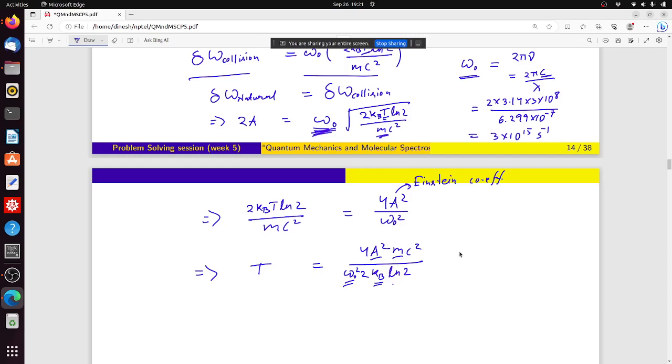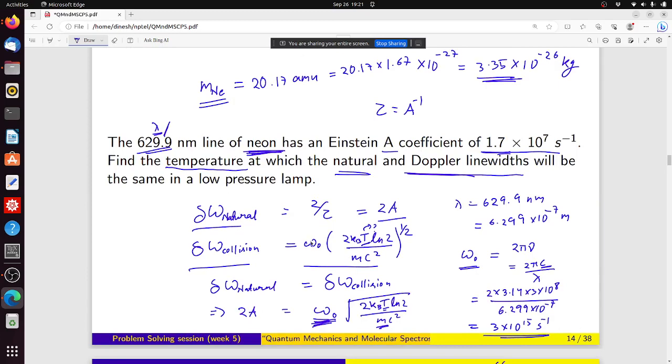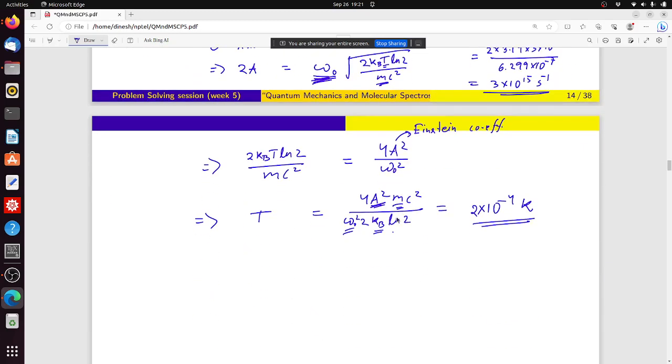So every variable value you have: a, m, omega naught we calculated, kB you know, and ln 2 is a constant. So if you put all these values, you will get around 2 times 10 to the minus 4 Kelvin. Just verify it. I gave you all the values. Omega naught, a is given, m we calculated here, m is the mass of the neon atom, and kB is the Boltzmann constant, and every other thing is a constant.